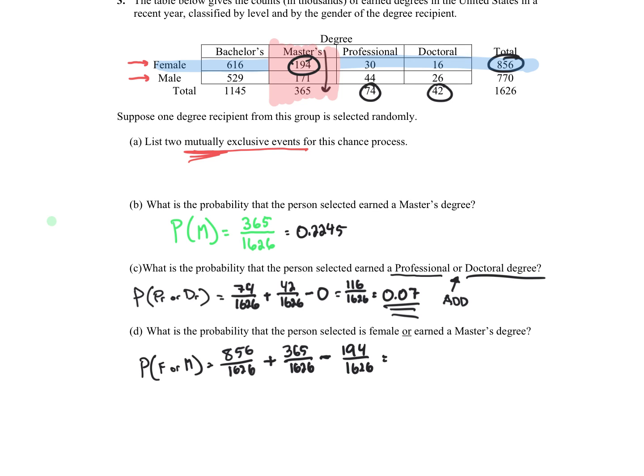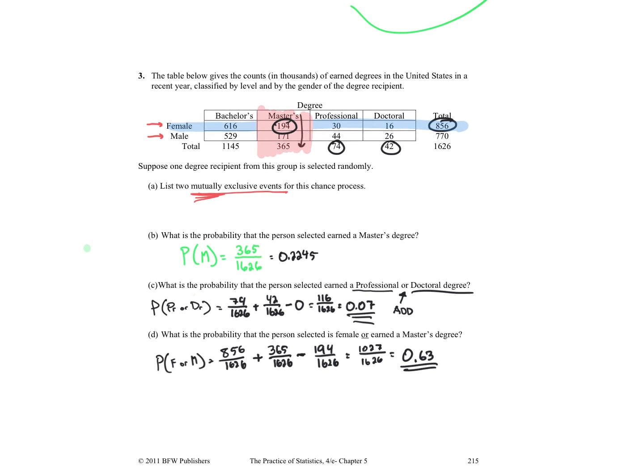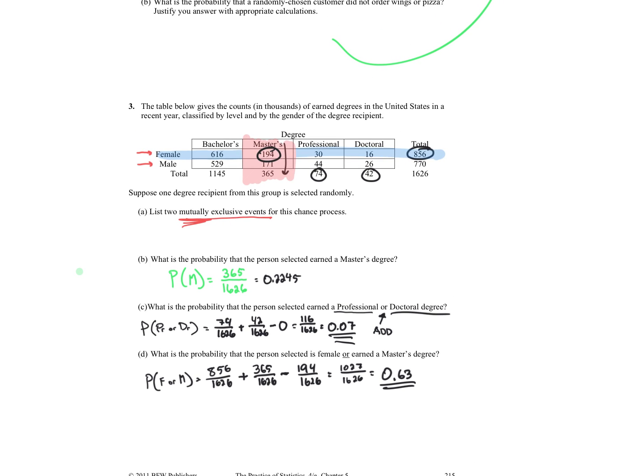So 856 plus 365 minus 194. That's going to give us 1027 over 1626. And if I divide that by 1626, I get 0.63 or 63%. 63% chance that you would select either a female or somebody who got a master's degree.